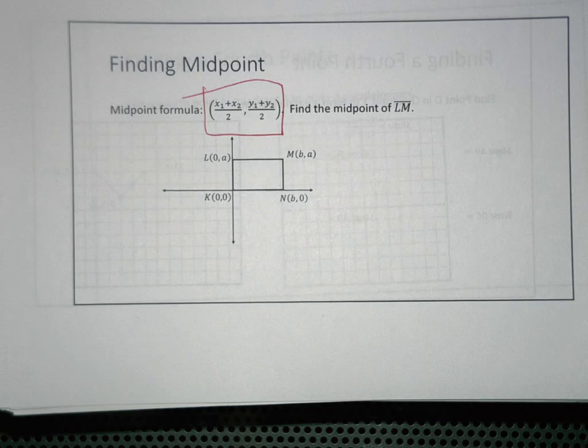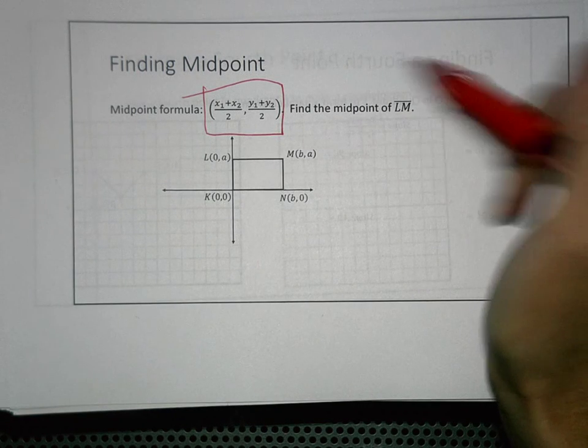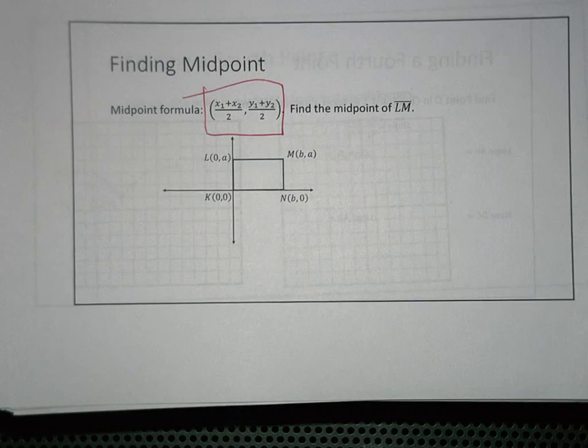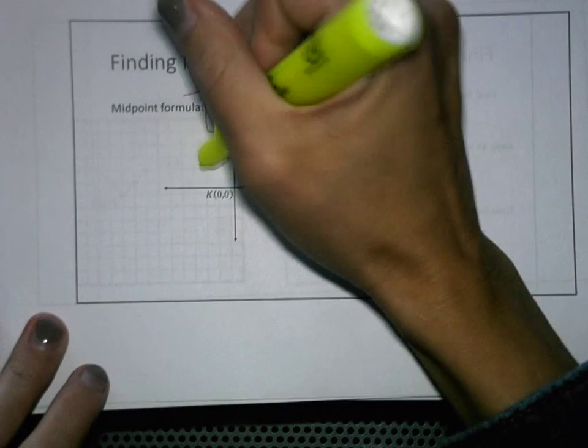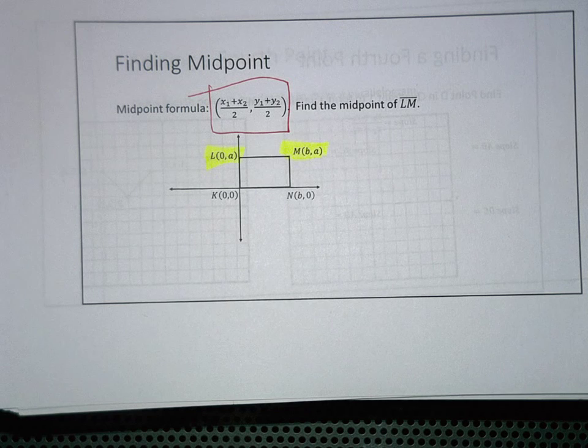Okay? So if they want to find the midpoint of LM, that means we need the point L and the point M. So far, so good. In order to find the midpoint, I'm going to take both of the x's.